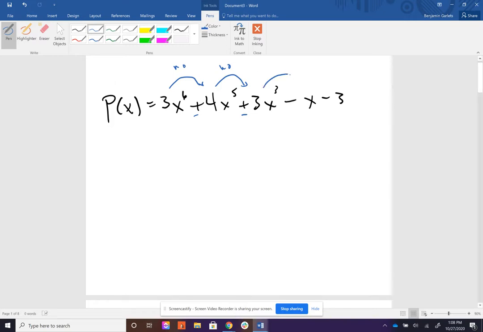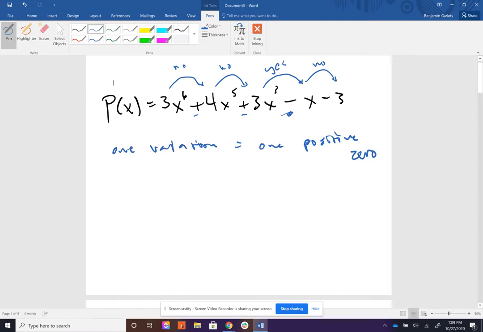My third to my fourth term, I go from a positive to a negative, which means there is a variation in the signs. And from my fourth to my fifth, negative to negative, so no change. So what does this tell us? This polynomial has one variation, so it has one positive zero.